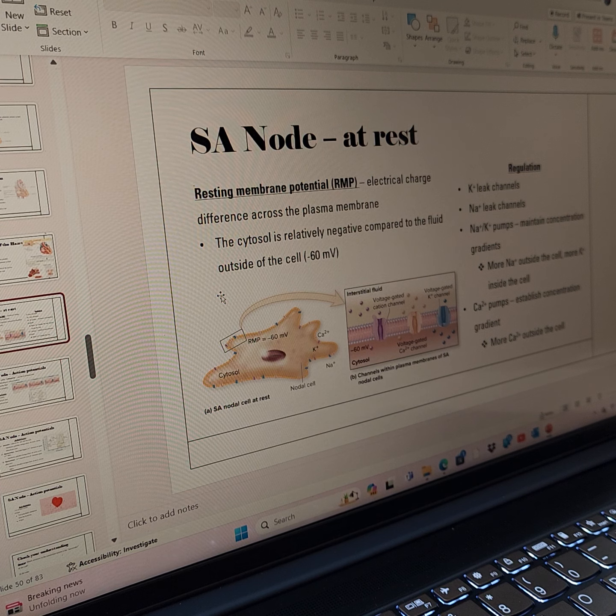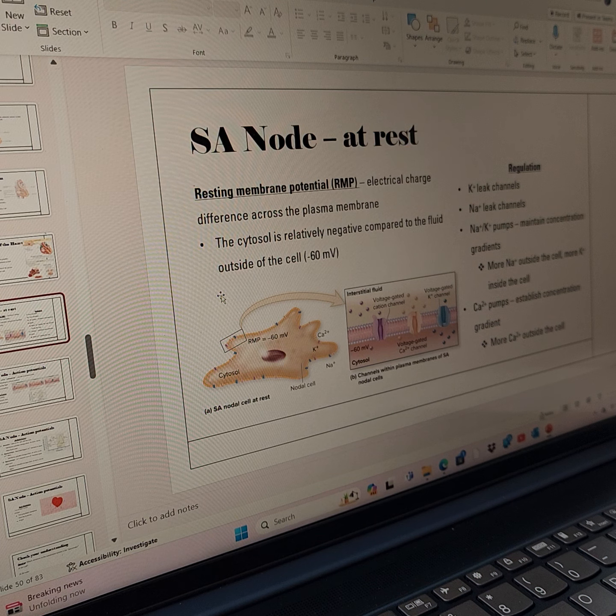So when the SA node is at rest, this gets into the regulatory aspects: the sodium leak channels, the potassium leak channels, sodium potassium pumps, and what those gradients are. So there's more sodium outside the cell and more potassium inside the cell.